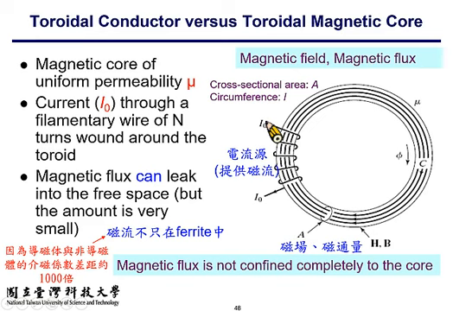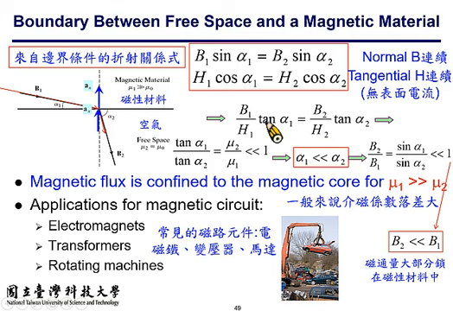The difference is not that big compared to electrical conductors. However, the difference is still large. So you can expect that even though the magnetic field leaks into the space, the amount of leaked magnetic flux is relatively small.